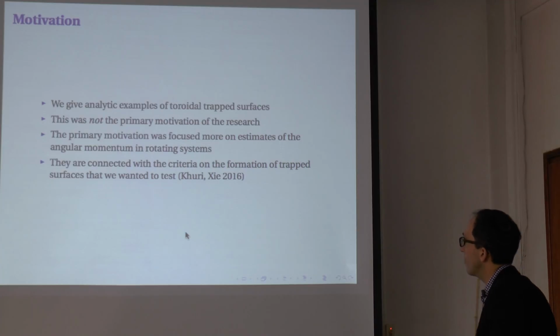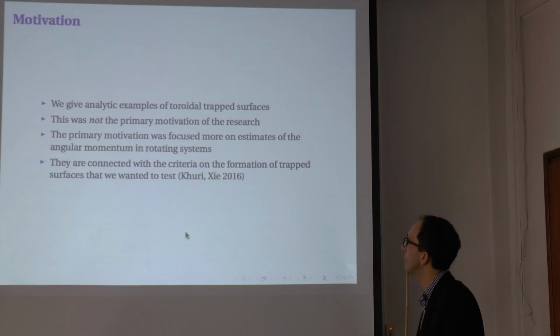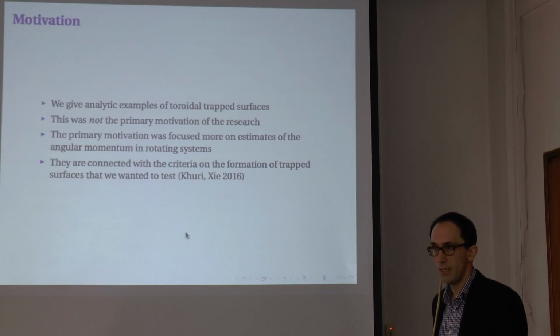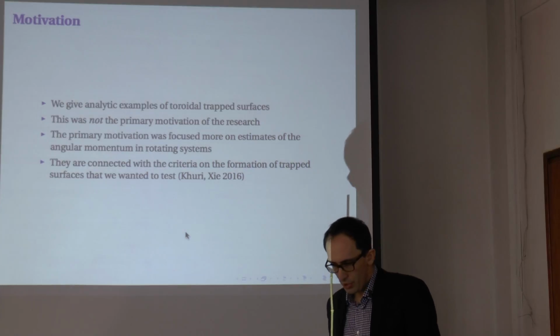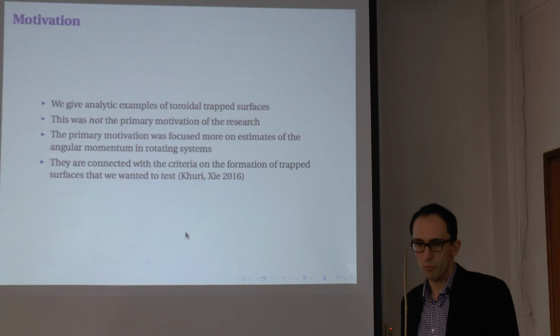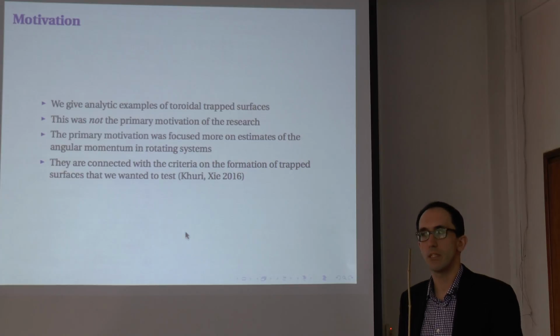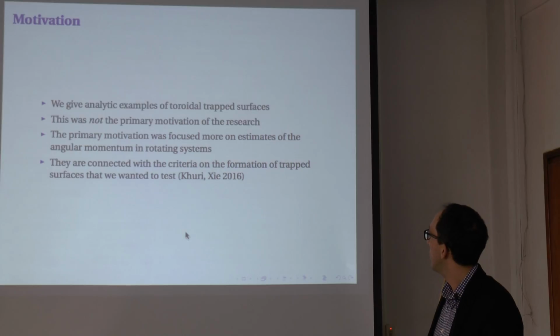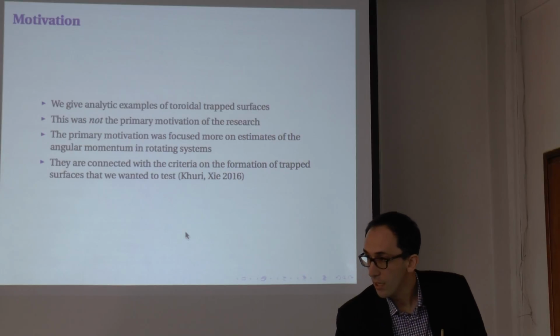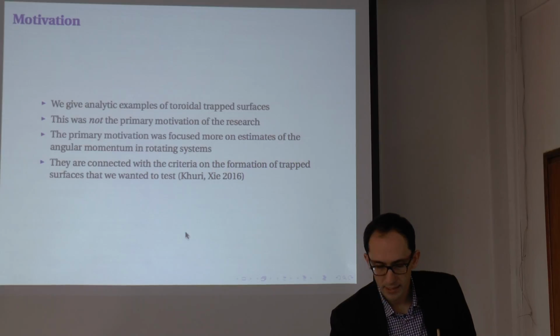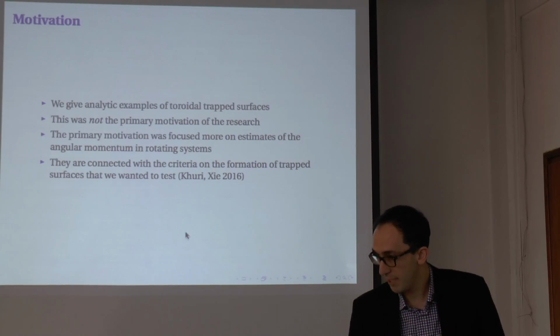So this all started with the aim of testing those criteria of the formation of trapped surfaces, which are not the most trivial trapped surfaces you could think of, but those are really toroidal, as you will see in a moment. Exactly. But that was the motivation.